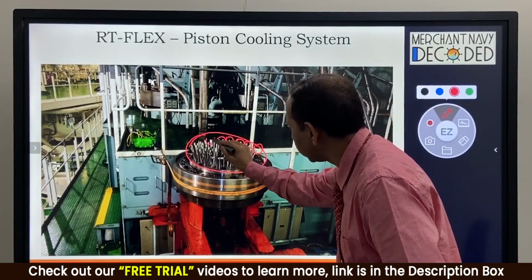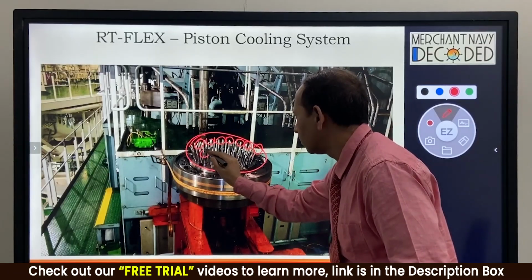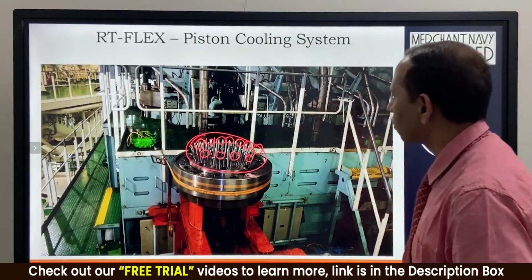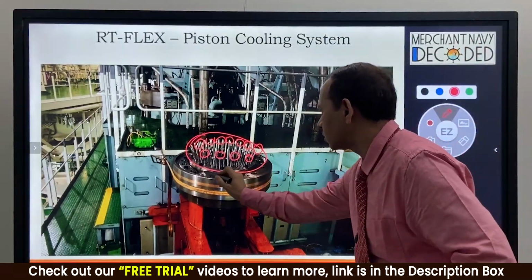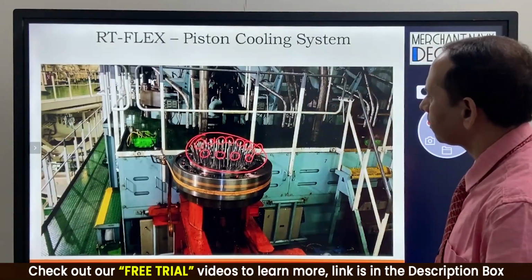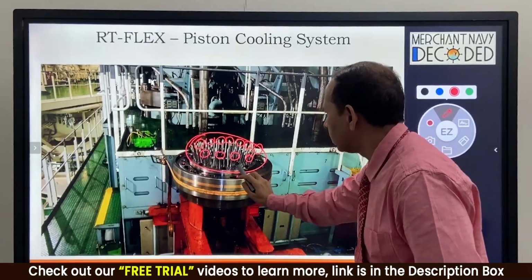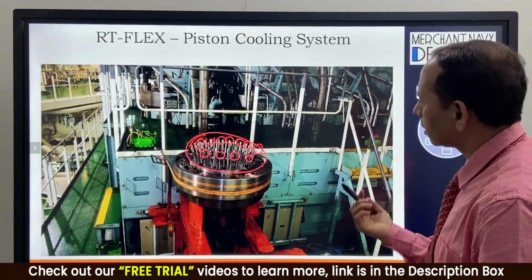These nozzles are fitted inside this hollow column which is created under the piston crown. When we are fitting it together, these are the holes which you saw in the crown also, which will be connected together.